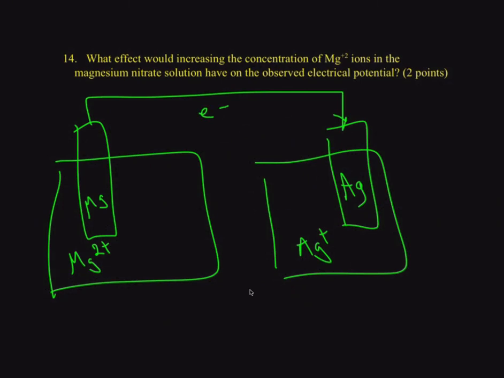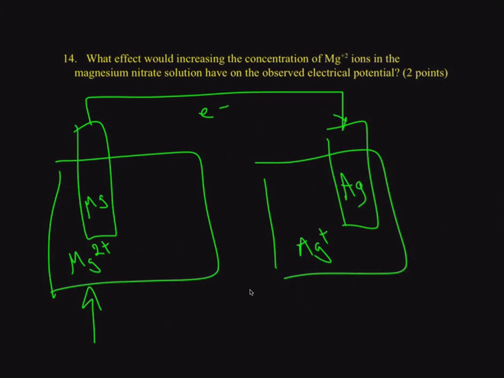Okay, so the question, what would happen if we increase the concentration of magnesium ions on the left, so in this solution? Well, the principle here is essentially anytime you change the concentration, so we're changing the balance in this reaction.